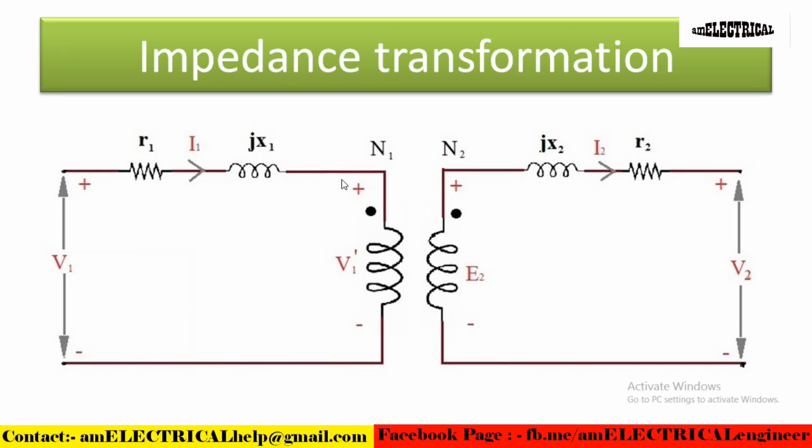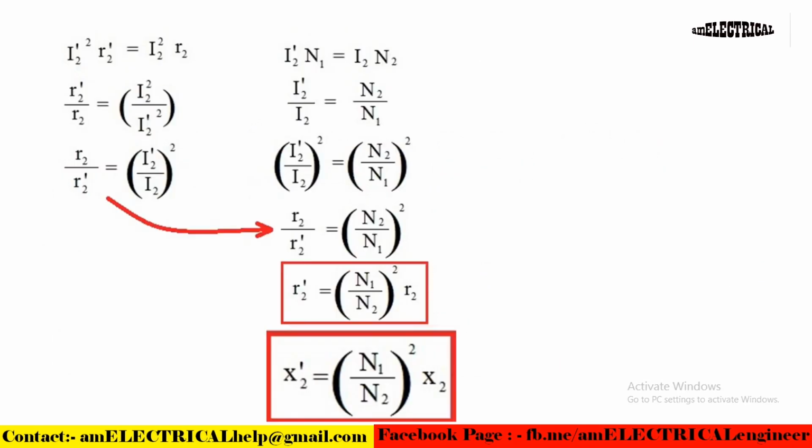Therefore, to produce the same effect, the power consumed by R2 dash when carrying the primary current will be equal to the power consumed by R2 when carrying the secondary current I2. That means I2 dash square R2 dash will be equal to I2 square R2.